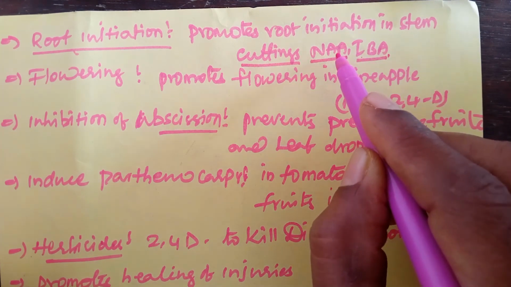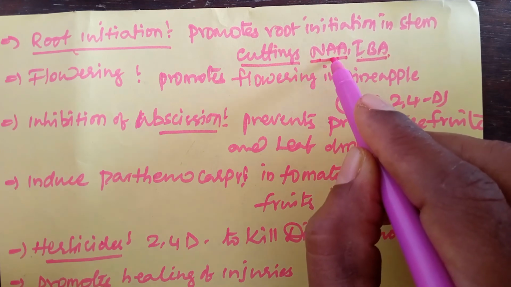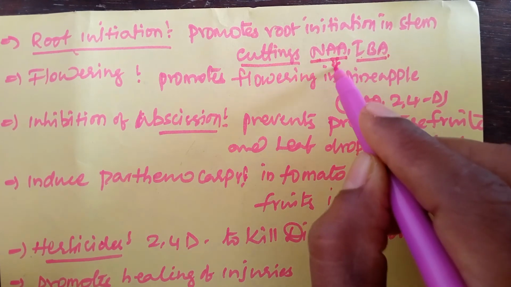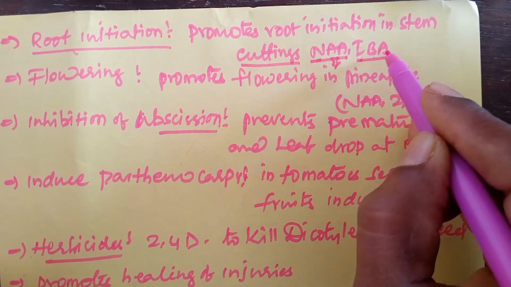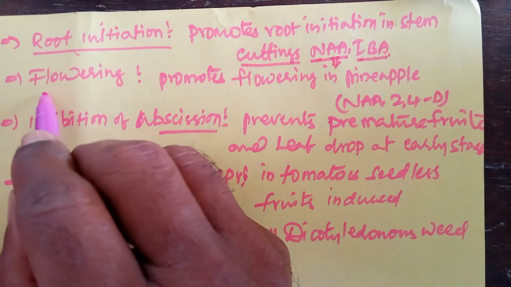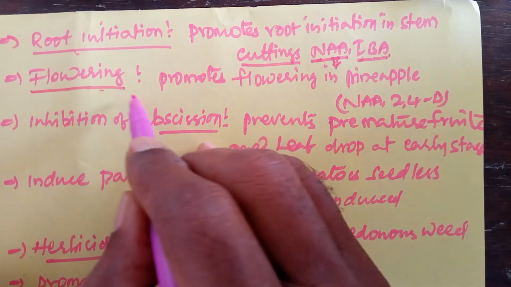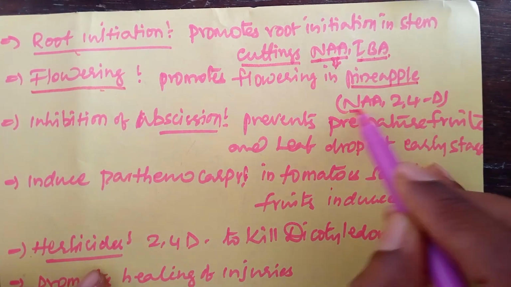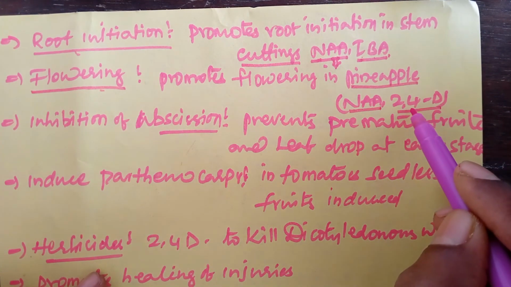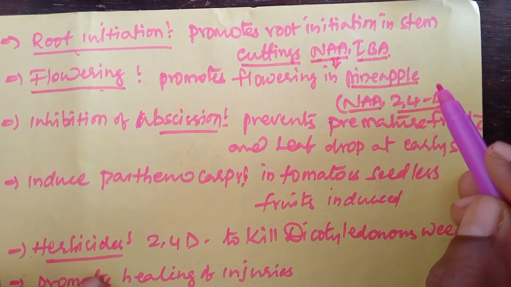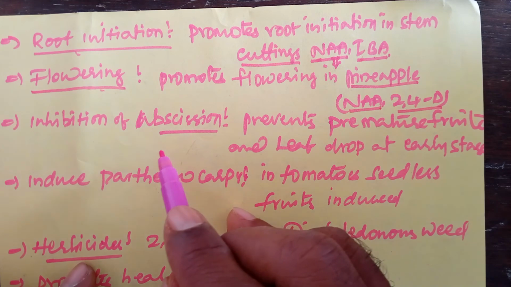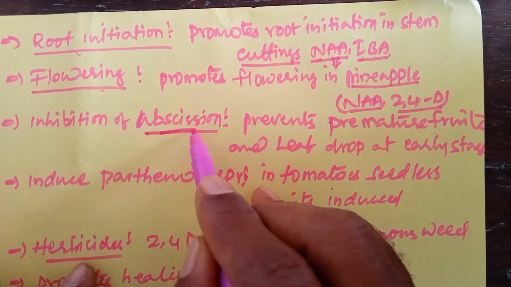As we said just now, naphthalene acetic acid is an artificial auxin, and IBA, indole butyric acid, is a natural auxin. Auxins also promote flowering in pineapple by using NAA and 2,4-D, that is 2,4-dichlorophenoxyacetic acid.